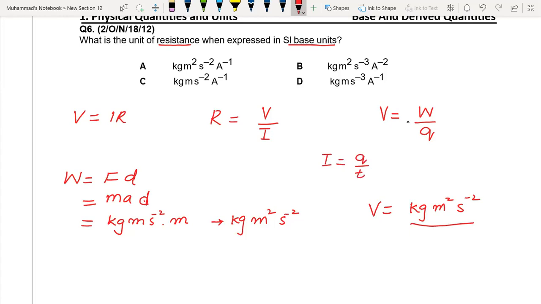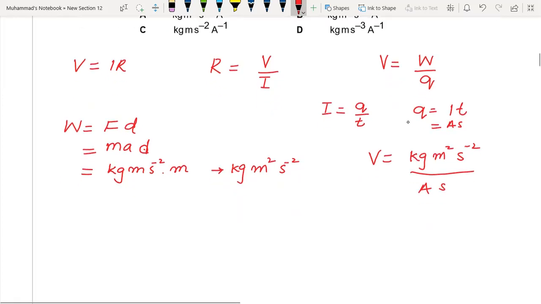Charge is not a base quantity, but I is a base quantity and time is a base quantity. So the unit of charge will be I times T, which is ampere second. So the unit of Q is ampere second. This is the unit of V.